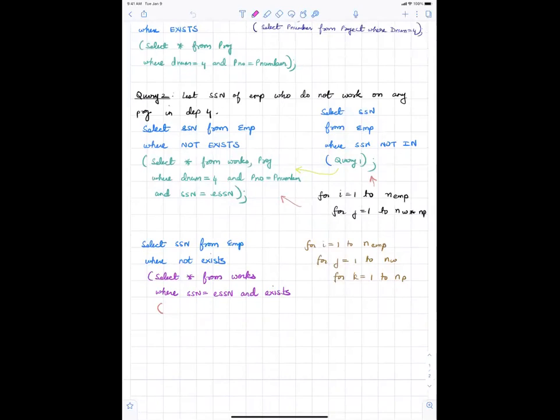So let me just finish off this last one. Here we have where not exists, select star from works where SSN is equal to ESSN and exists.